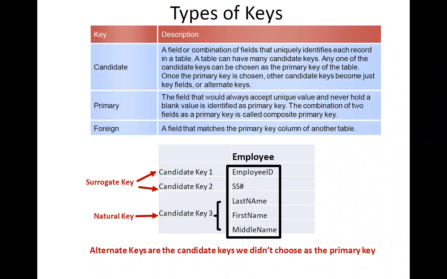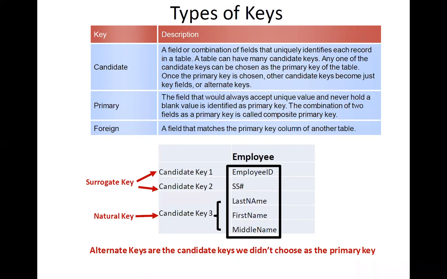I put together one example here, a very simple employee entity. In this entity, we have several attributes: employee ID, SS number, that's the social security number, last name, first name, and the middle name. There are three ways to uniquely identify each and every tuple in this employee entity.